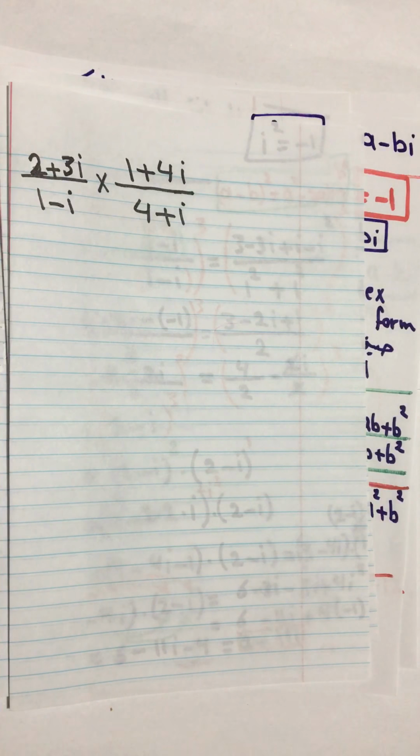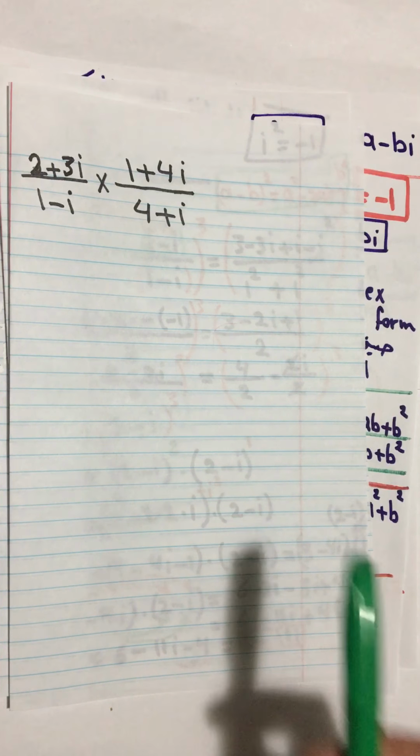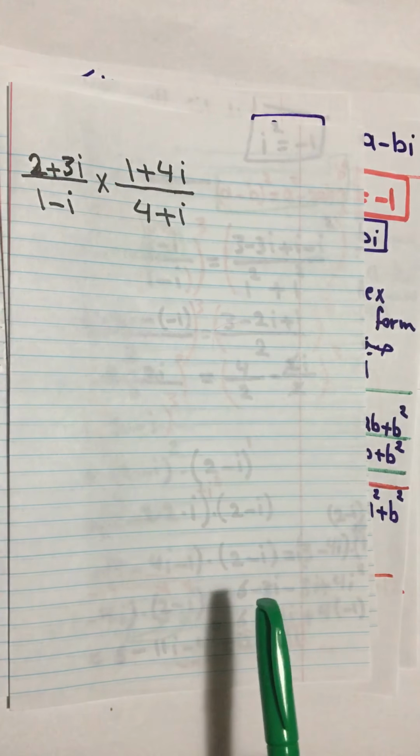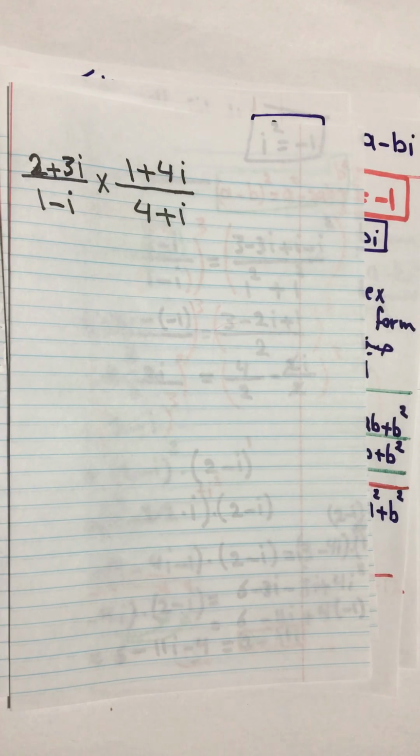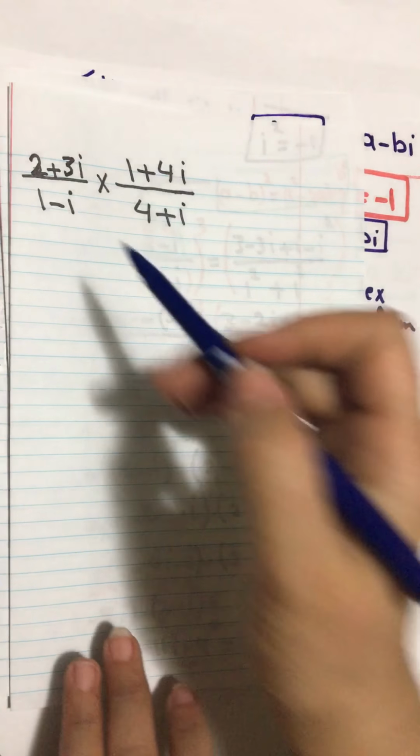2 plus 3i over 1 minus i times 1 plus 4i over 4 plus i. So right here, the first step, I can multiply these two terms.